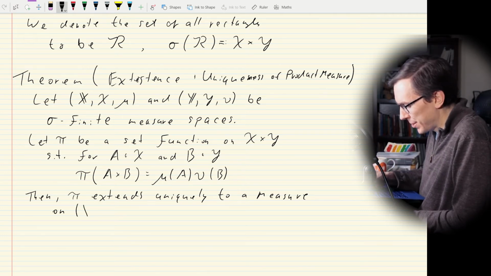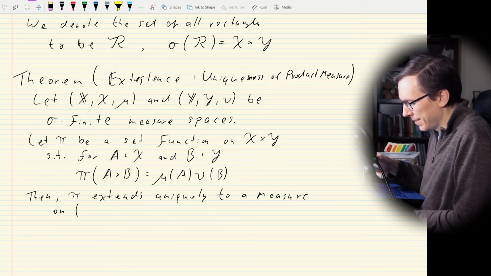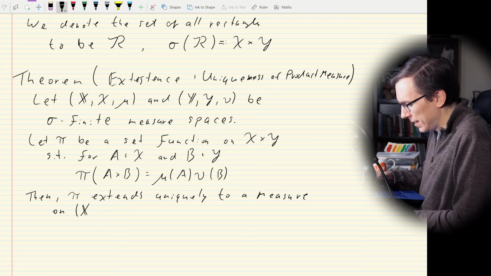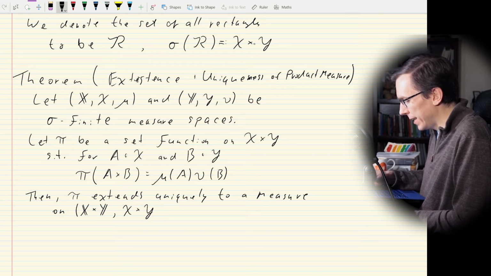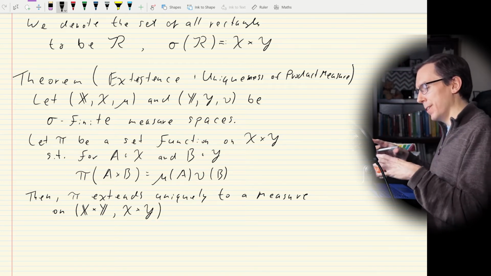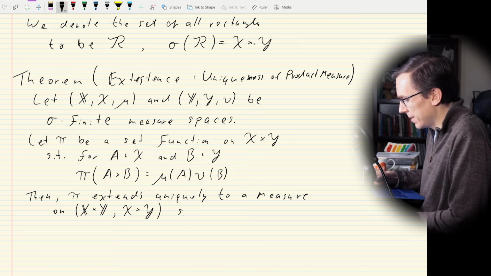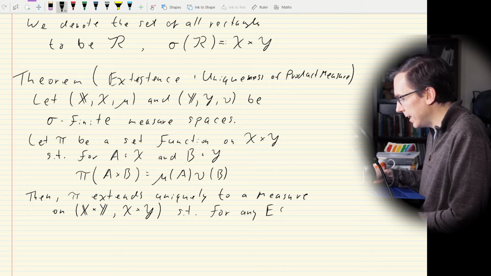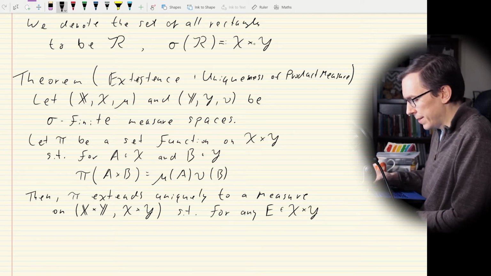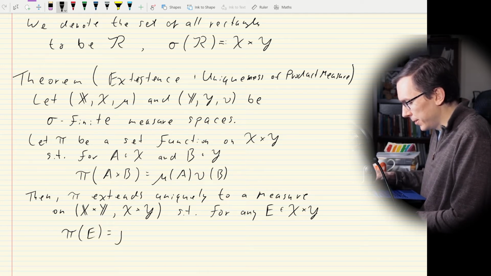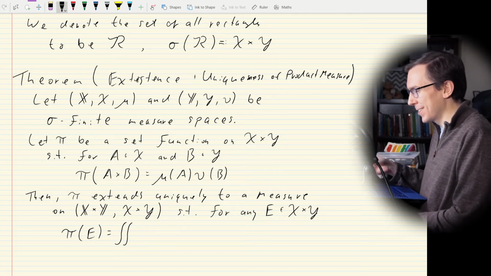On the measurable space, which is going to be X cross Y, comma, script X cross script Y. So it extends to a measure on this measurable space, such that for any E in the product sigma field, we define pi of E to be a double integral, and hence why I had to wait this long to do it.